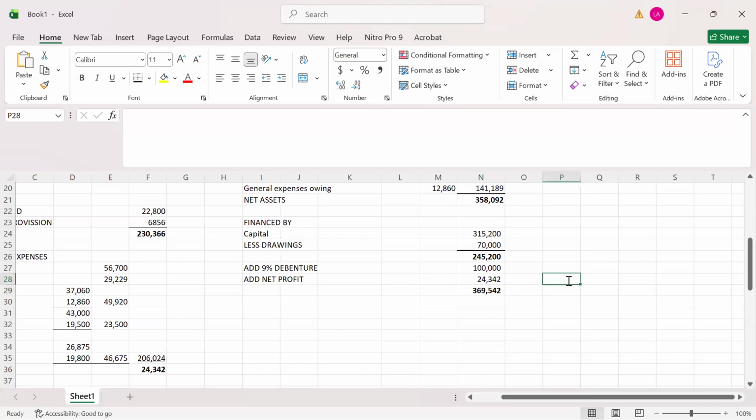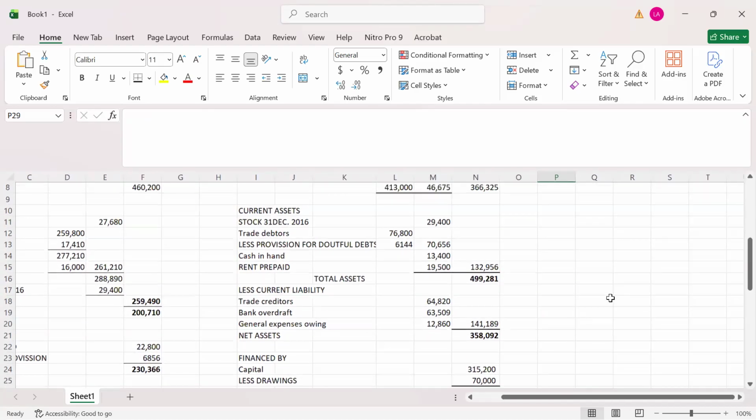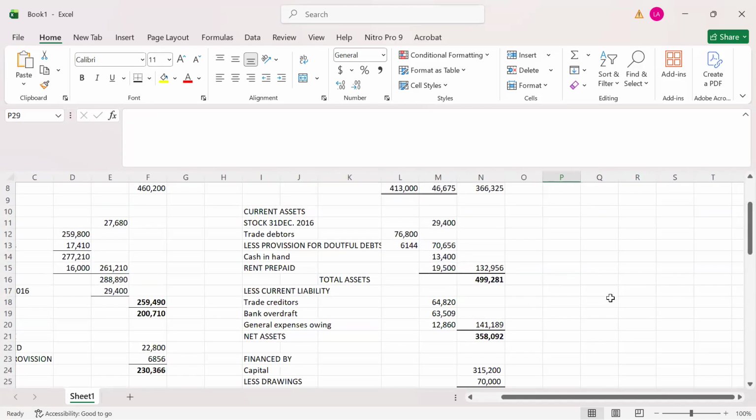So let's check and see if we can see the error. About 11,450. So let's check and see where the error is coming from. If only we can trace it.